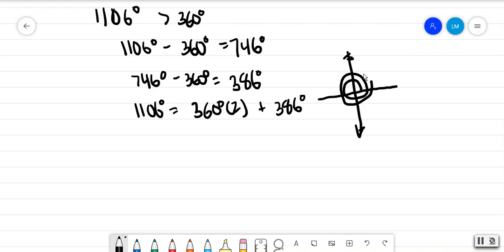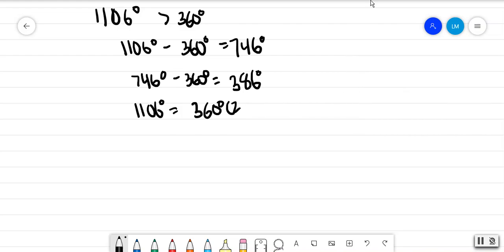Hang on, there's a mistake here. It's good to make these little mistakes, because then you'll know you have to do something else. Okay, now I can see that we're going to take 386 minus 360 degrees, and that's going to give you 26 degrees.